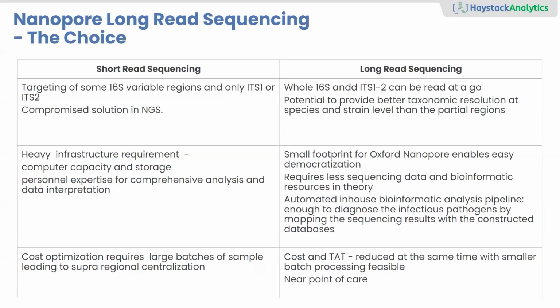Short read sequencing needs heavy infrastructure and reagents, while Oxford Nanopore has a small footprint, so basically long read sequencing is more important. Cost and turnaround time are reduced, and processing smaller batches is feasible. So it is near point-of-care testing if you see long read nanopore sequencing.